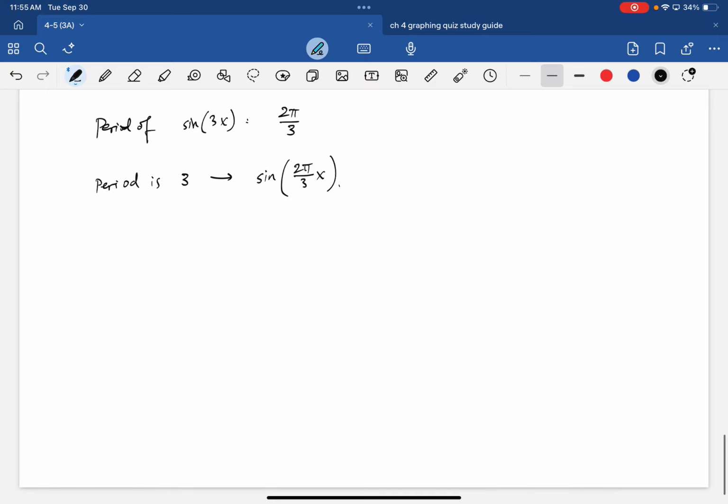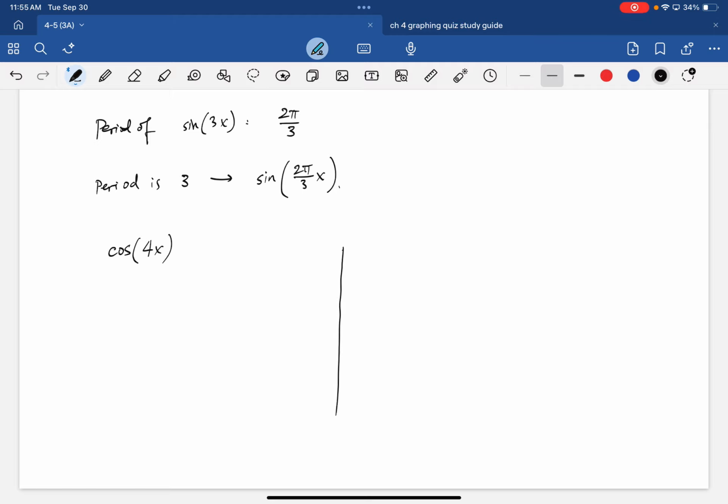So I'll show you guys how to quickly graph this. Let's say you were given the function cosine of 4x, and you were asked to graph this. Here's the way I usually do it. What I think you guys should do as well is draw the graph normally at first, and then add the tick marks in later to indicate that it's been shifted.